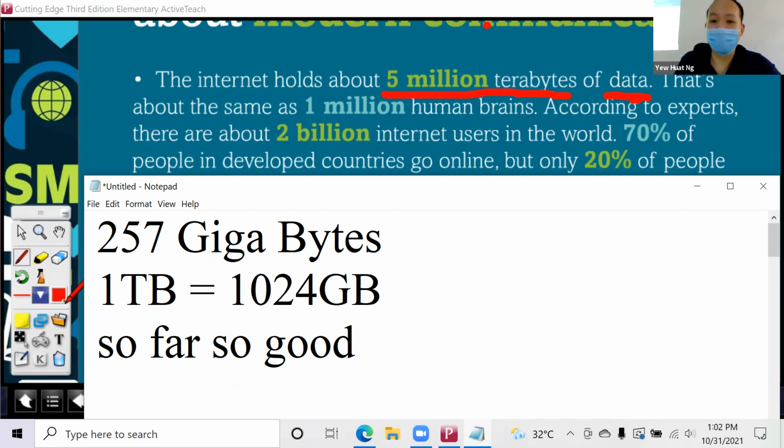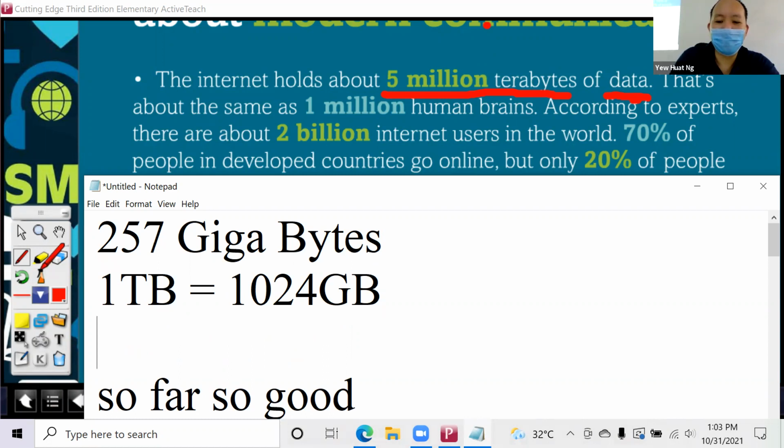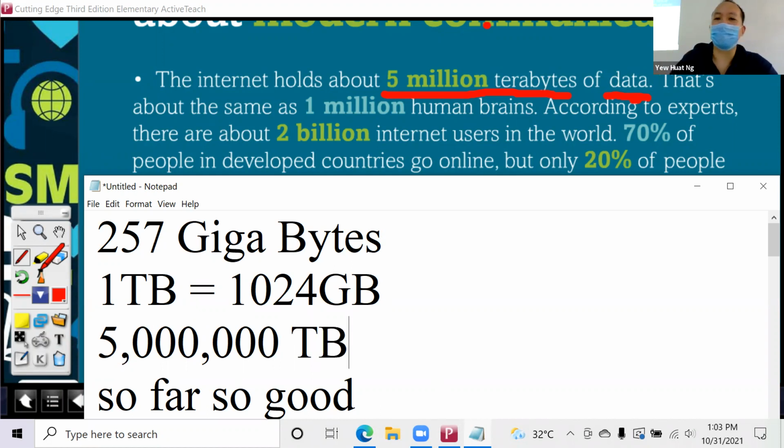So 5 million terabytes, 5 million TB, which is a lot, right? So the internet holds about 5 million terabytes of data. Data means information, right? Computer information. That's about the same as 1 million human brains.